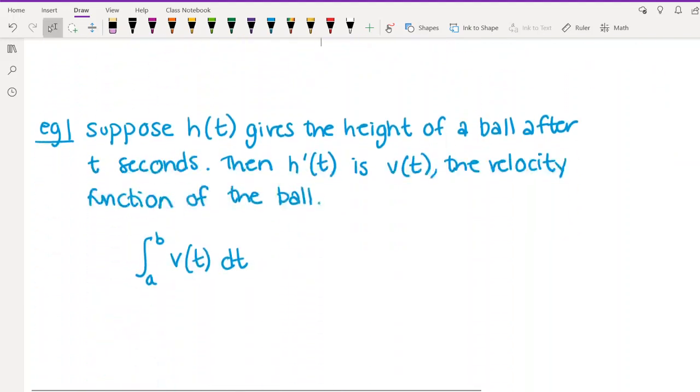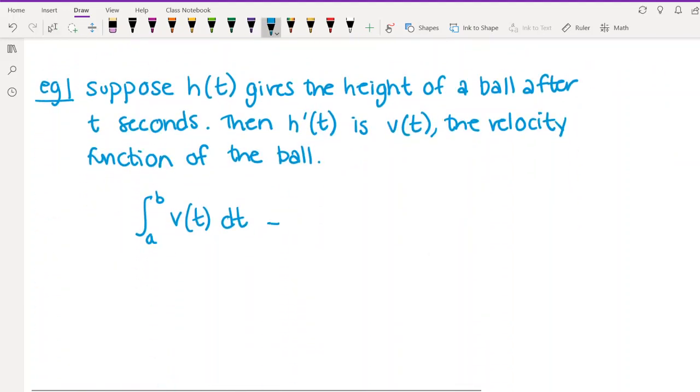That's how the fundamental theorem of calculus works. So we would end up with h of b minus h of a. So how could we interpret this in terms of the height of the ball?